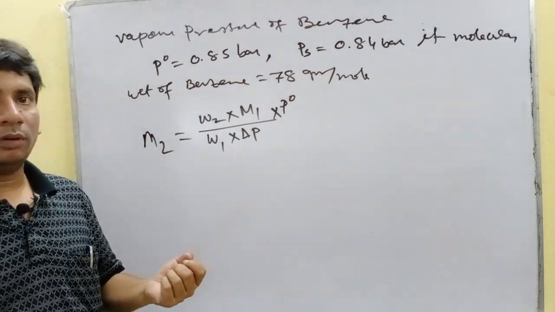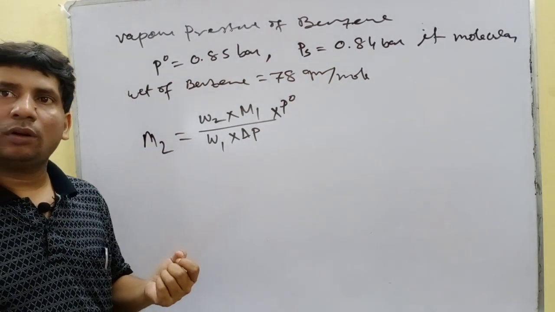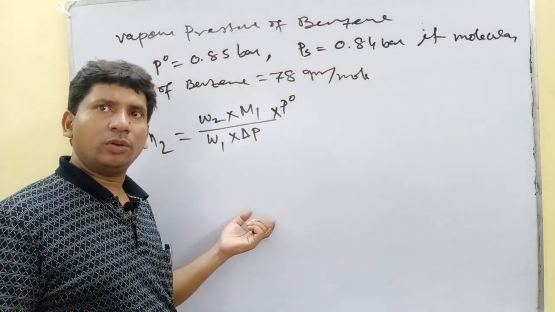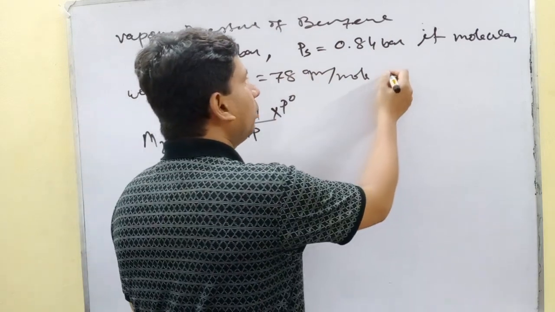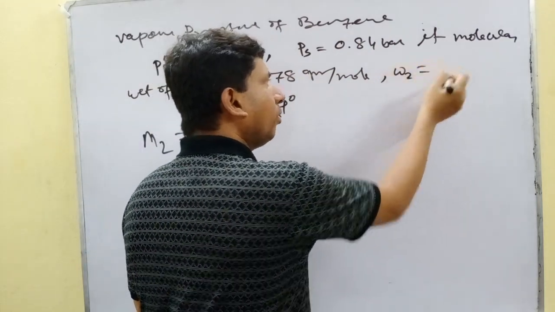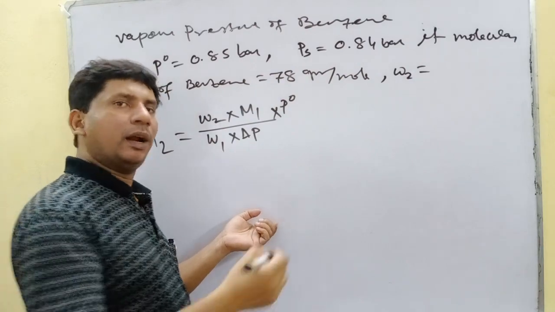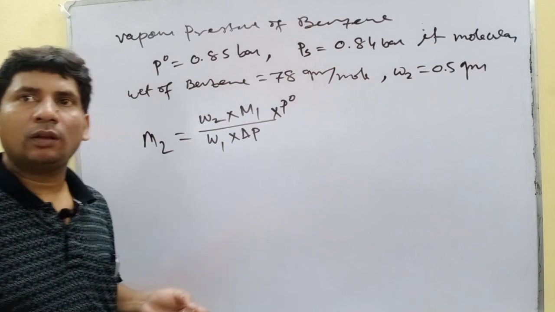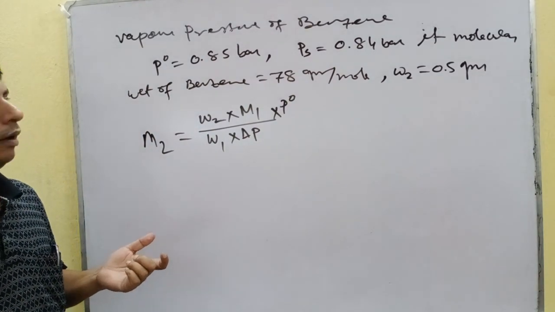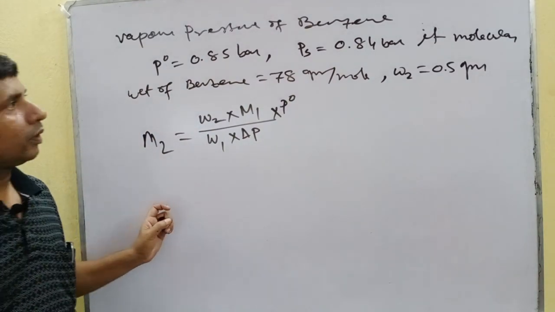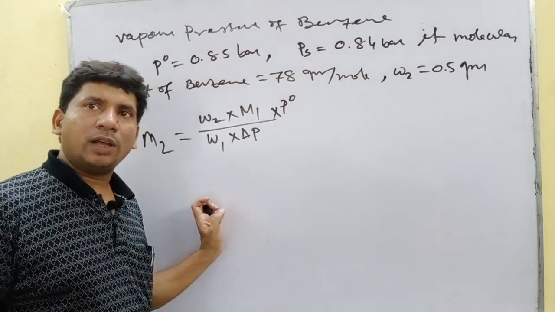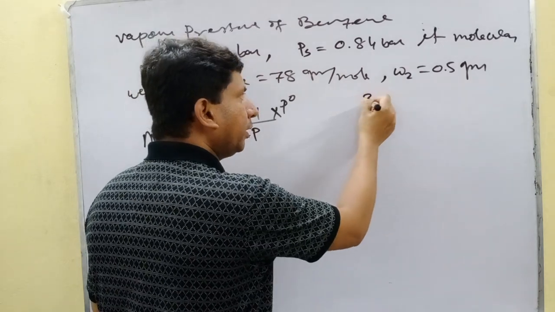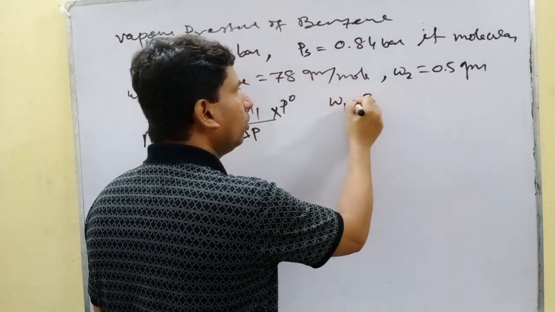then let us consider the weight of the solute is W2 equals 0.5 gram, and the weight of the solvent is W1 equals 39 gram.